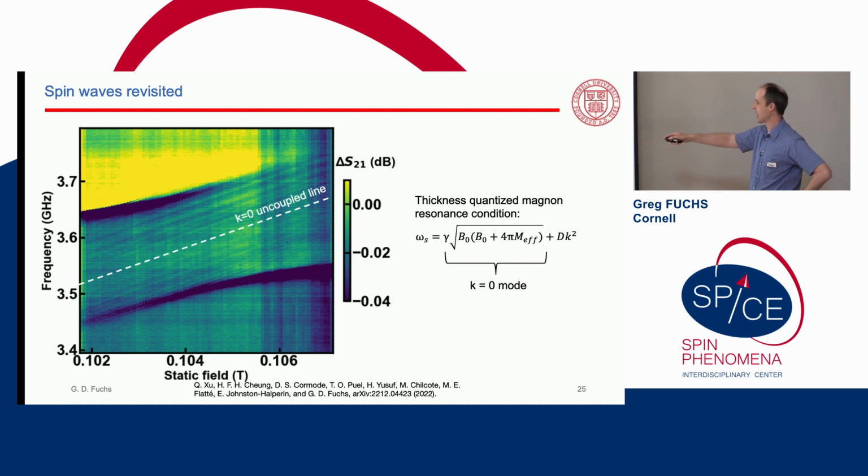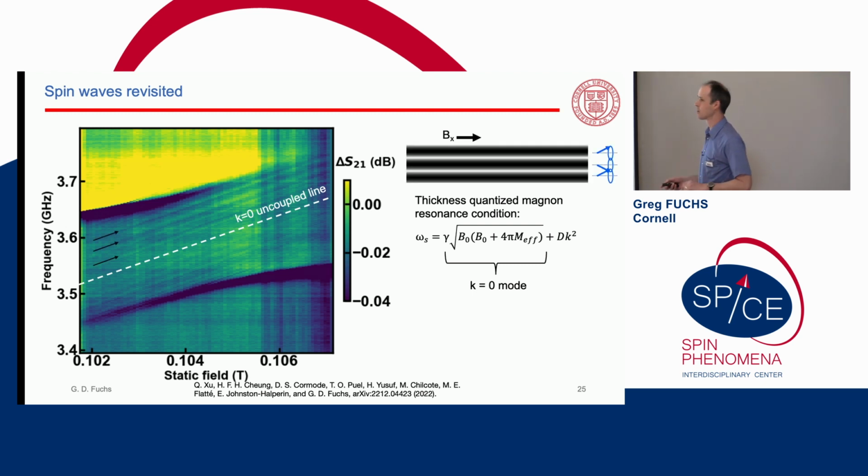Now, from this line, we expect additional spin wave modes will go like some constant D times k squared of the magnons. And this is, for instance, describing the magnons that are quantized in the thickness of this VTC&E sample.